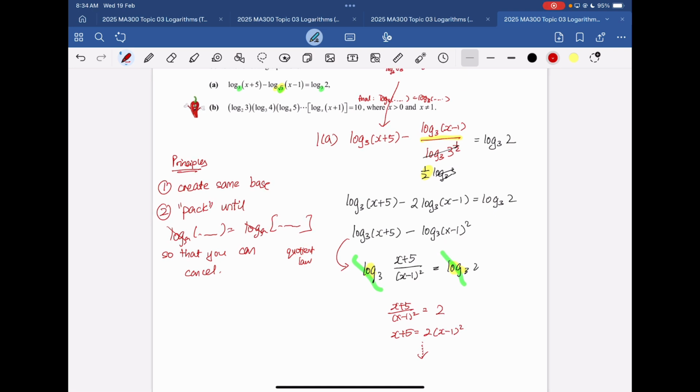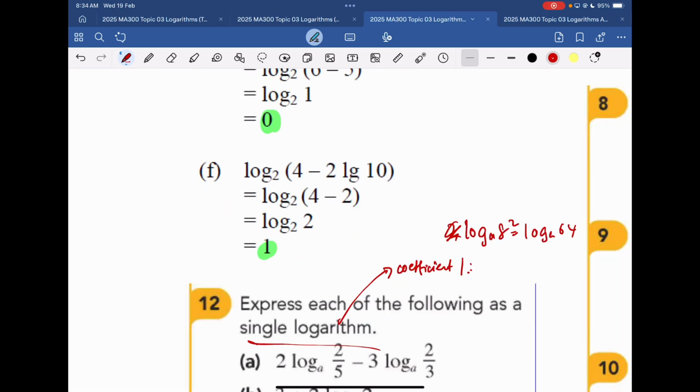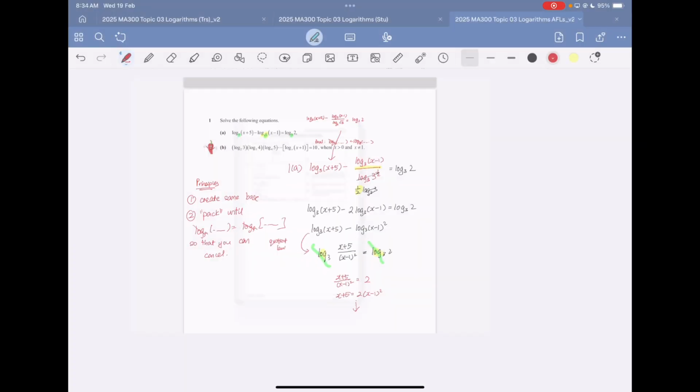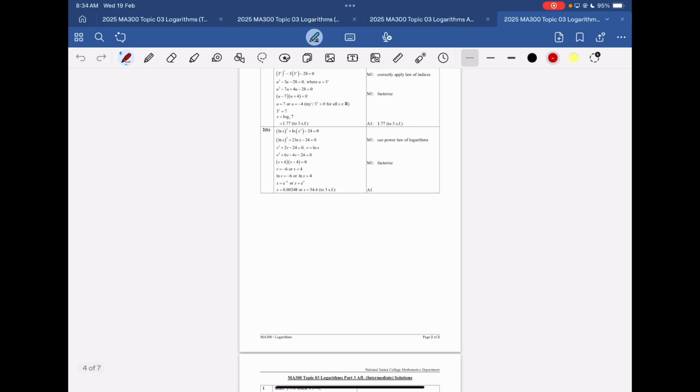What's the answer? Let me write the answer for you so you can see clearly.